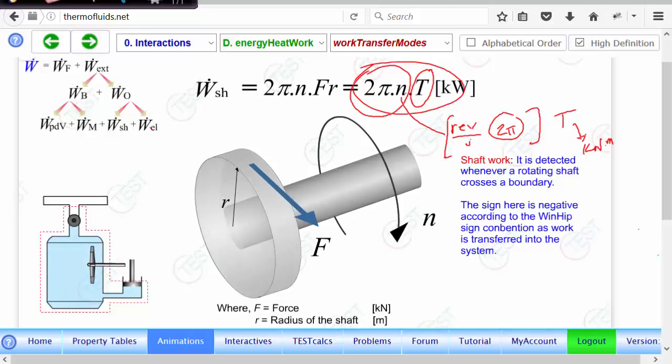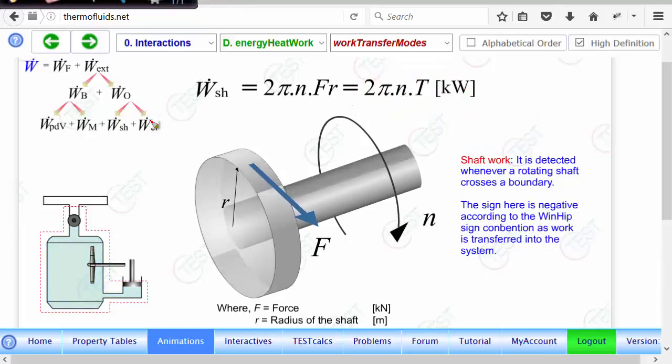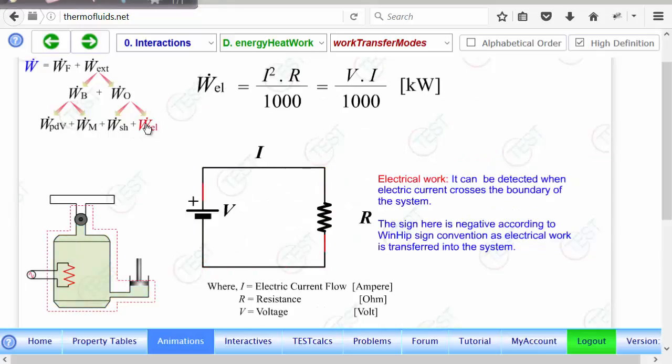So that's why we have so many different kinds of work, because what doesn't seem like work, for instance, if there is electricity crossing the boundary, someone may ask, how in the world is that work? But think about it for a second. Suppose this is my system, and I ask you, what do you see crossing the boundary? You may say electrons are crossing the boundary, but electrons are being pushed by the electromotive force, and that's why force times distance is exactly how the formula for electrical work is derived.